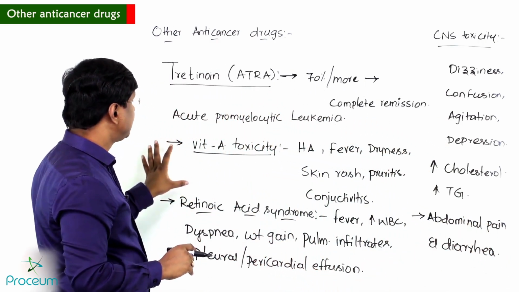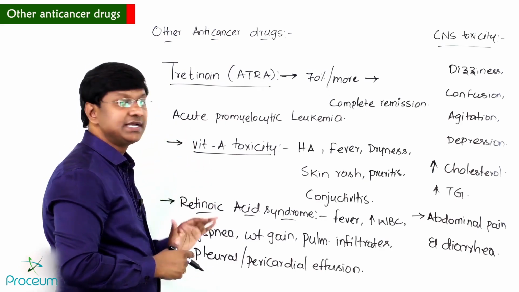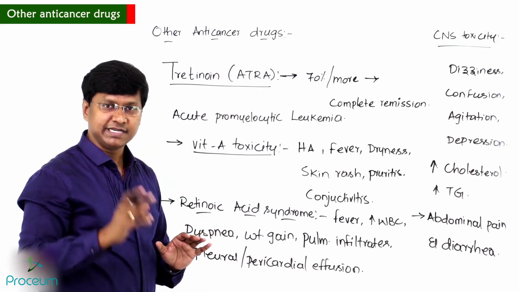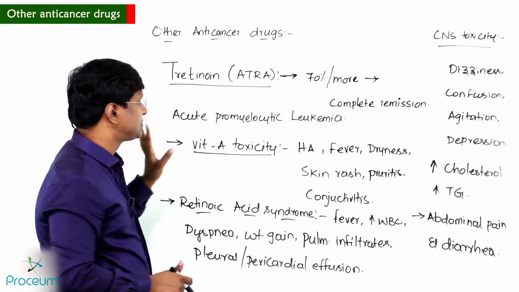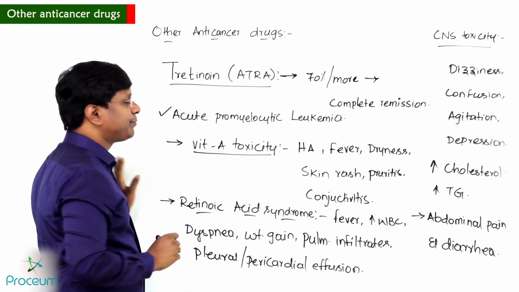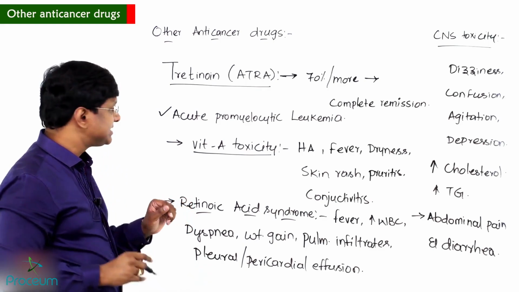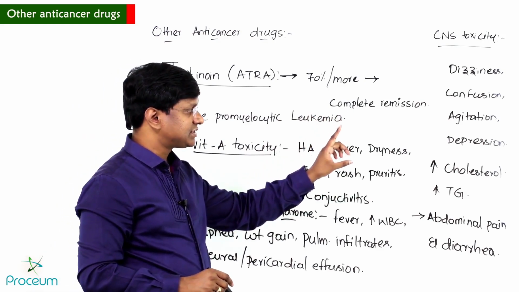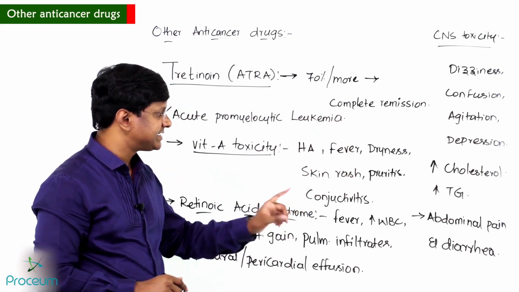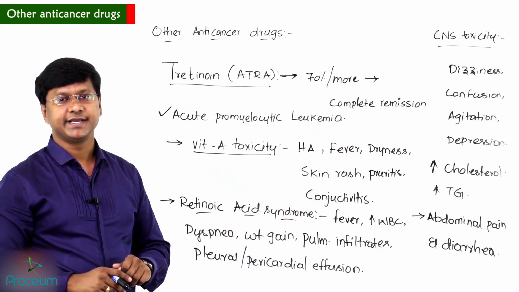So these are the adverse effects associated with all-trans-retinoic acid. The multiple choice question here is, in which type of malignancy is this used? It is used in acute promyelocytic leukemia, and it is associated with vitamin A toxicity, retinoic acid syndrome, CNS toxicity, increase in cholesterol and triglycerides, abdominal pain, and diarrhea.